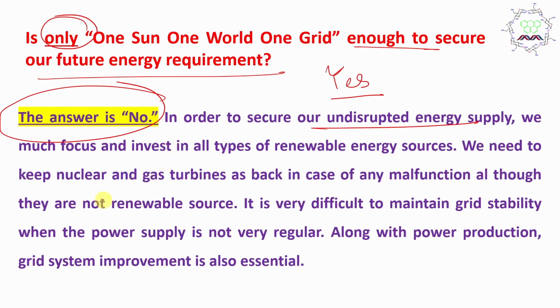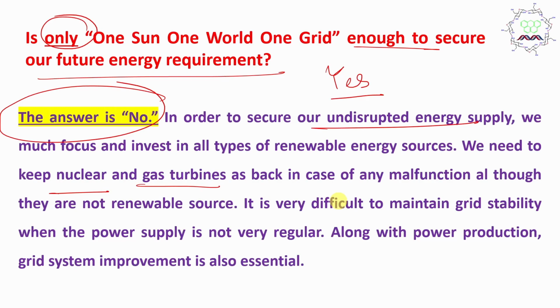Not only that, we should keep nuclear as well as gas turbine as a backup option in case of any malfunction observed in these renewable energy supplies. So not only production, we should also create an infrastructure for its utilization. Even if there is excess energy production, we need to store it either in the form of battery or in the form of other physical energy storage like compressed gas energy storage, etc. Or we can store this energy by water electrolysis.